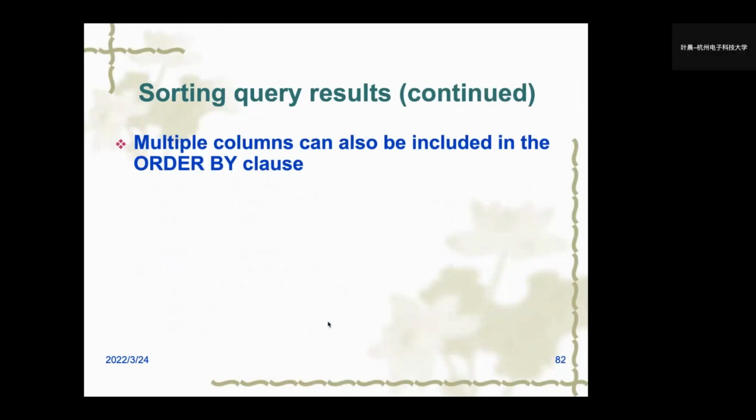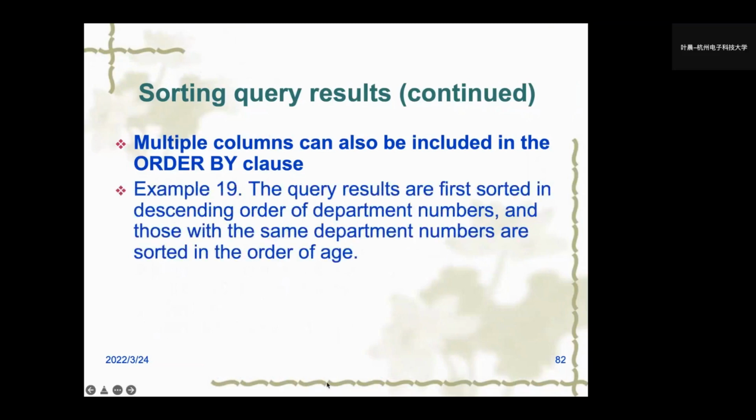And multiple columns can also be included in the ORDER BY clause. For example, the query results are first sorted in descending order of department numbers, and those with the same department numbers are sorted in the order of age.